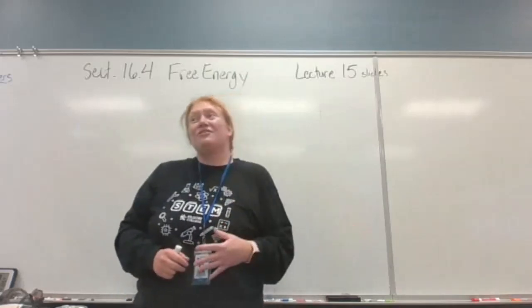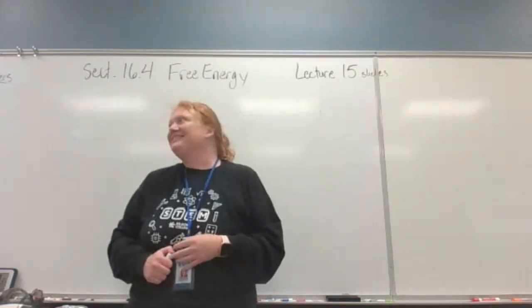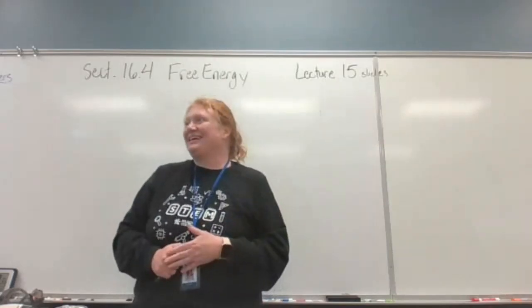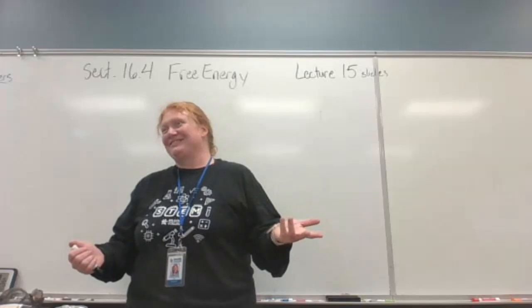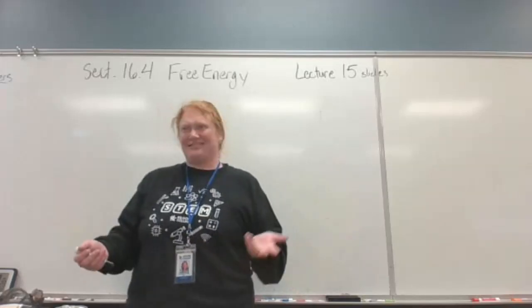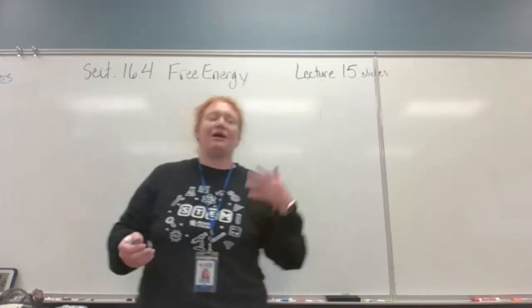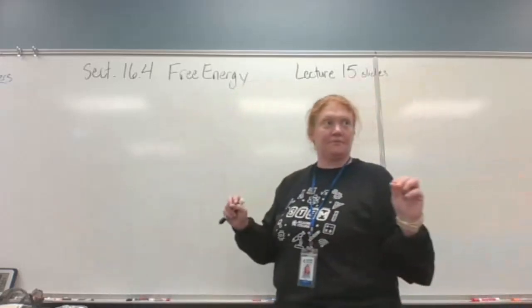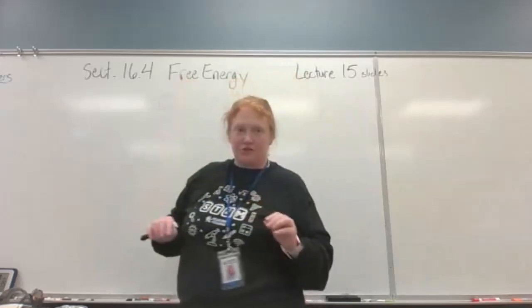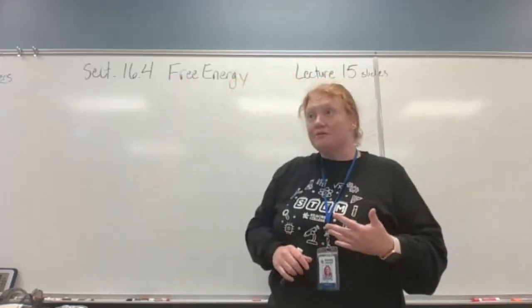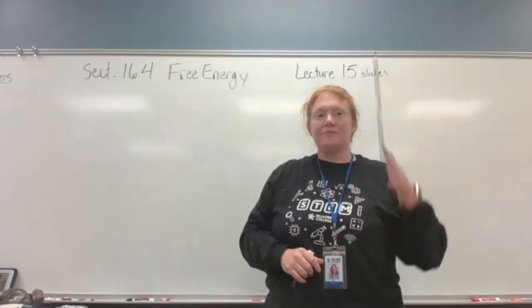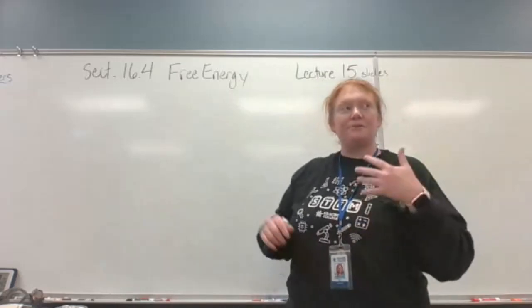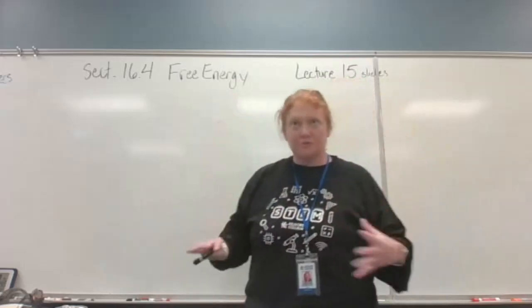Guys, it is not very convenient to use that as the criteria for is this spontaneous or not, right? It's not super convenient. So a new thermodynamic property, this thing called free energy, was developed in the late 1800s, okay? This guy developed this new property called free energy.